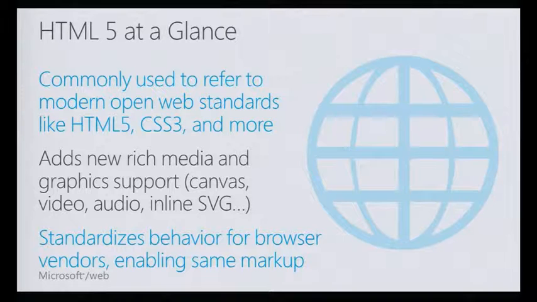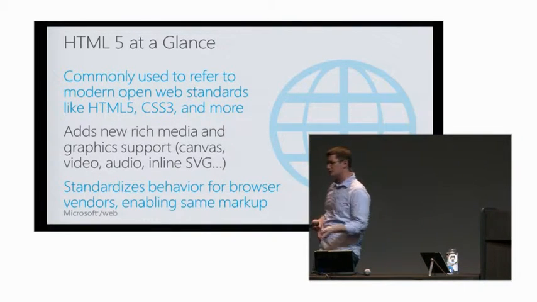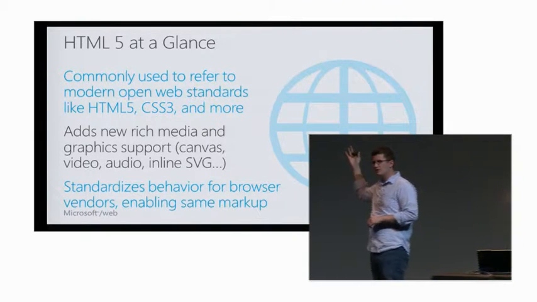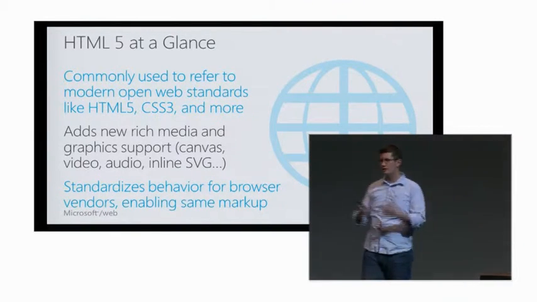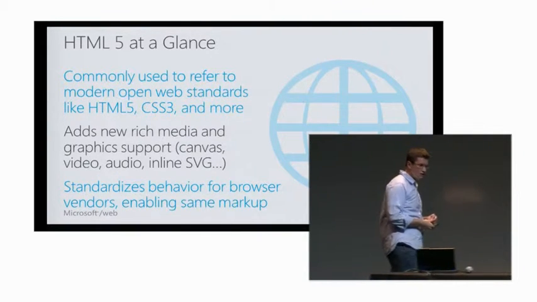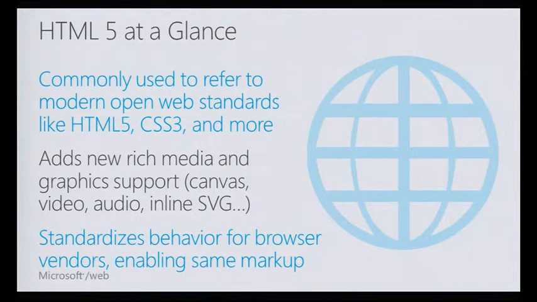So, HTML5 at a glance. I don't want to steal too much thunder from my next talk, which is on HTML5, but I want to talk a little bit about this. One thing you'll hear, as kind of my little pet peeve, is that HTML5 is one part of the next version of all the standards. There's also CSS3 and ECMAScript, but typically people use HTML5 as an umbrella term to describe all three, the next versions of all the different standards.